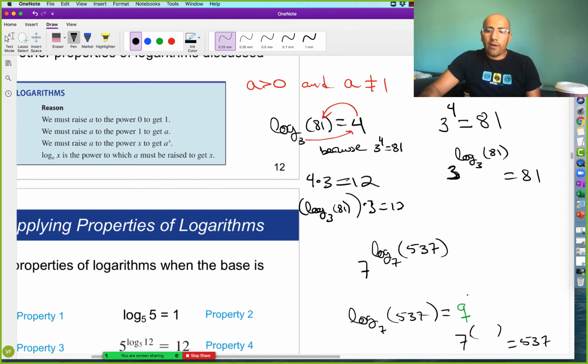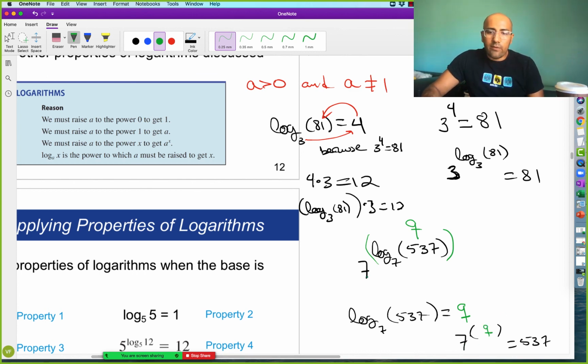There's some real number out there so that 7 to the power of that decimal equals 537, right? So this whole thing is that decimal. The decimal such that 7 to the power of this decimal equals some decimal q, right? And q is the number such that 7 to the power of q equals to that.